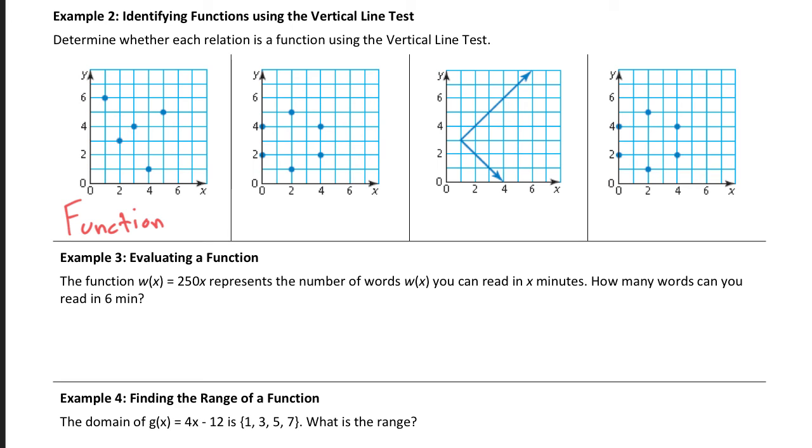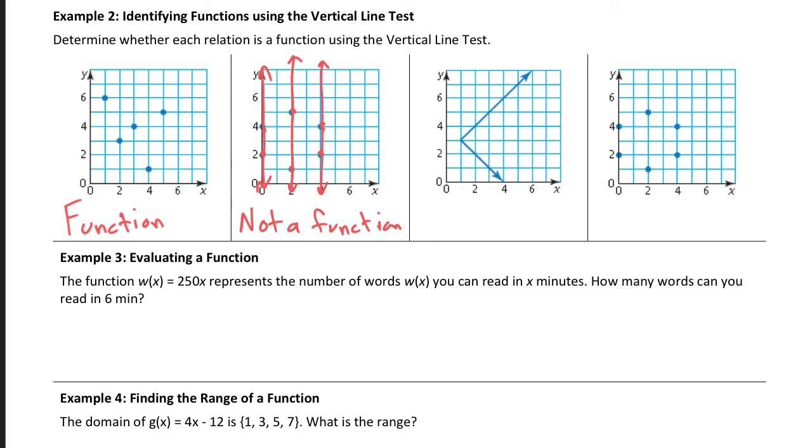In this case, no. In the next one, this is not a function. And the reason why is because I can use a vertical line to hit these 2 points, or I could use a vertical line to hit these 2 points, or I could use a vertical line to hit these 2 points. So not a function.